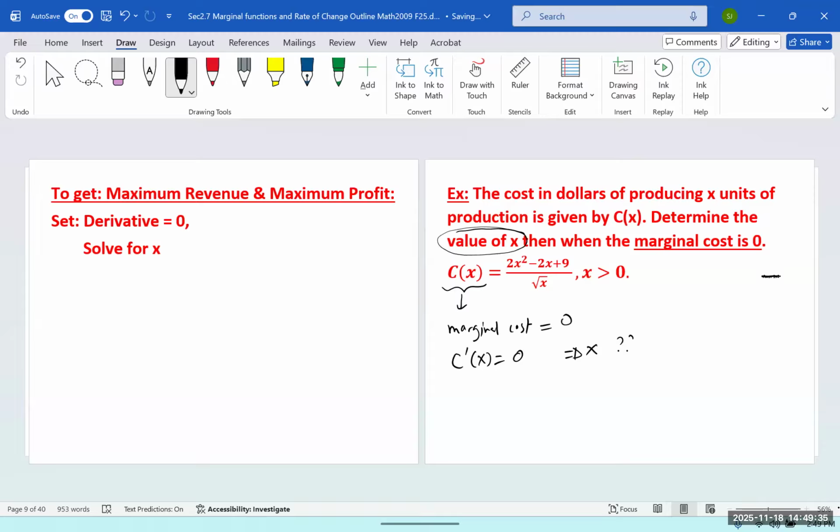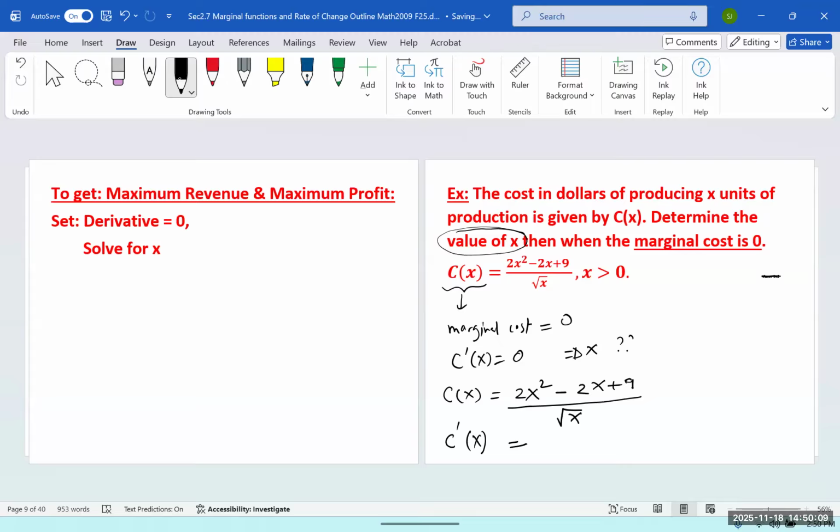So they gave us the cost function and they're asking us to find the derivative of the cost. C of x is 2x squared minus 2x plus 9, the whole thing divided by the square root of x. To find the derivative, C prime of x, with respect to x, you have two choices.